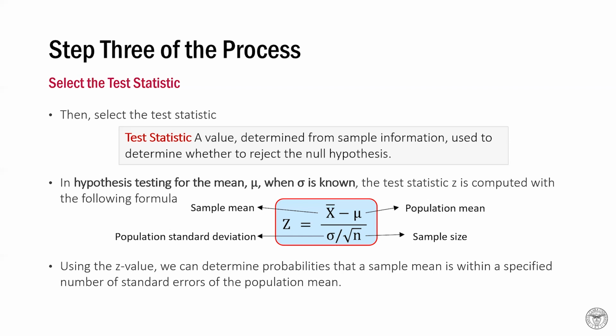Using the distribution of sample means, we can calculate a z-value for any sample mean. Note that the numerator of the z-value is sampling error. So the z-value is the number of standard errors that separate the sample mean, x bar, and the population mean, mu.